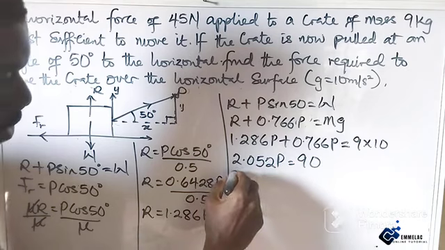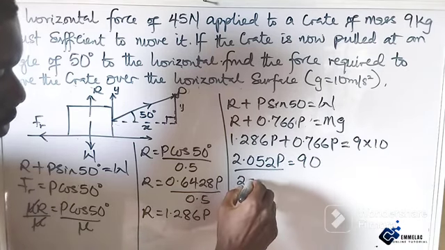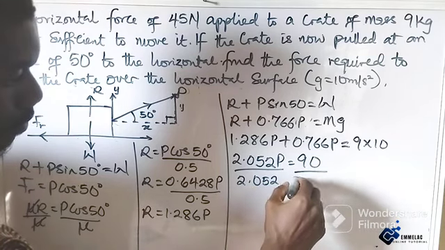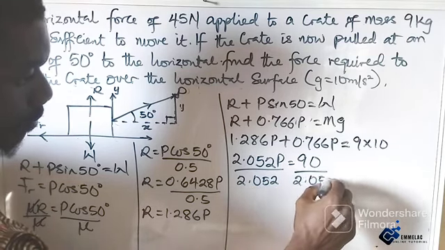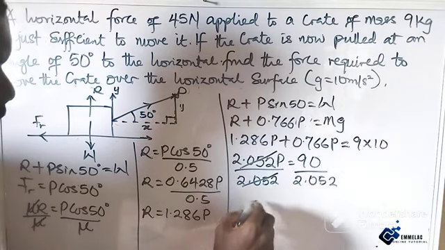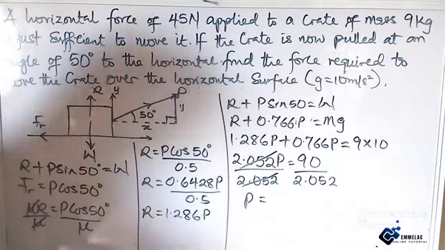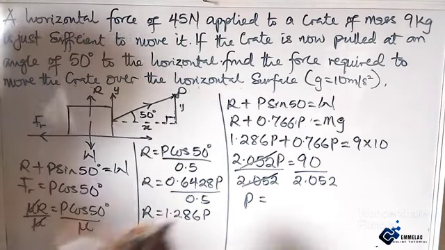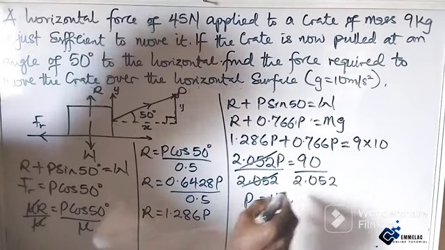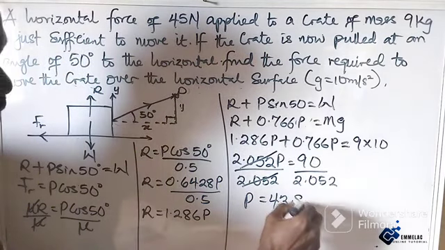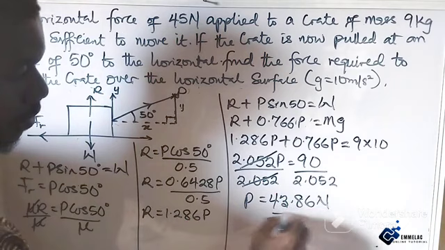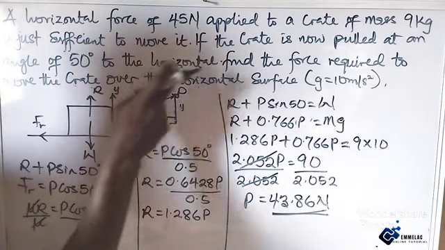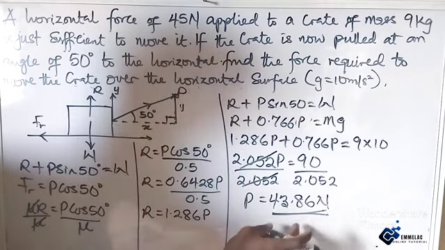So our P, now divide both sides by 2.052, so this will cancel out this. So our P using a calculator, we get 43.86 Newton. So now this is the force required to move the crate over the horizontal surface.